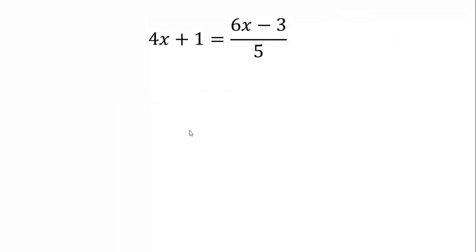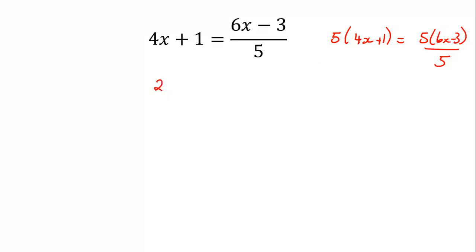Now this next one's a bit trickier because I've not just got one term on one side, I've got 2 terms here. The same idea, I'm going to multiply everything by the denominator, which is 5 again. You can either think of it as 5 and then write down the bracket 4x plus 1 equals 5 lots of 6x minus 3 divided by 5, or you could do it all straight away.